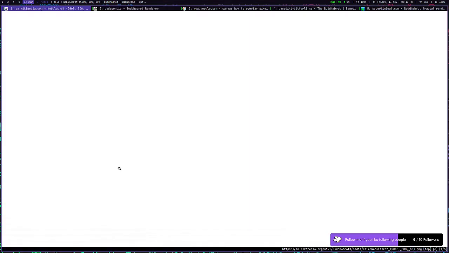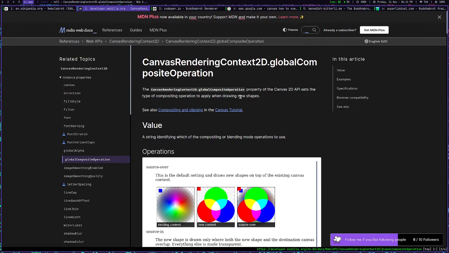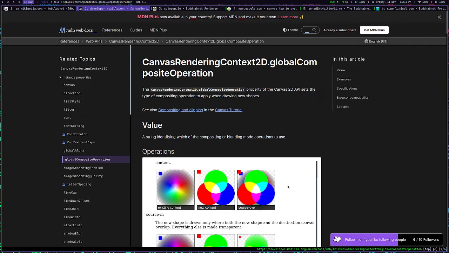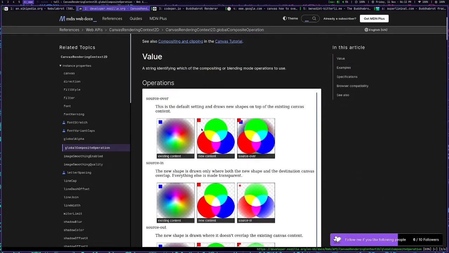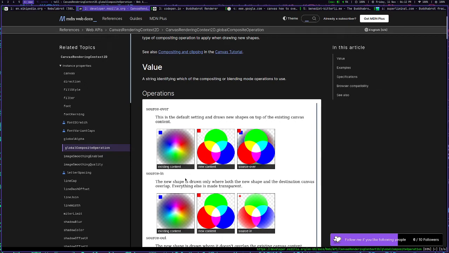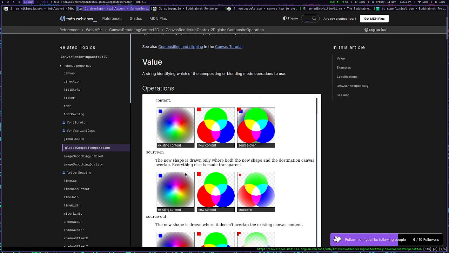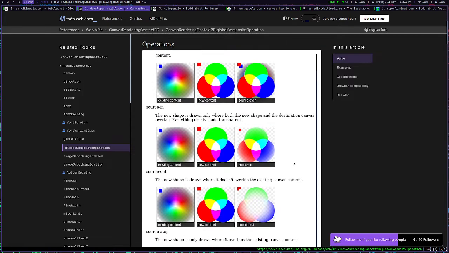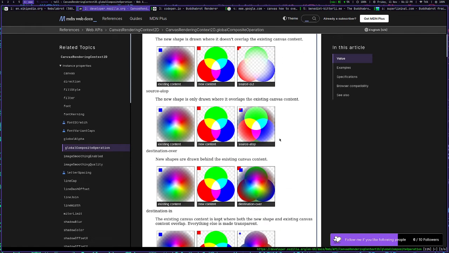Let's Google this as well. MDN, what is it? Property of canvas. It's a type of compositing. Okay, let's see what these are. Source over. Okay, source over is the default, I'm guessing. Yeah. Source in. Oh, nice. Source out.